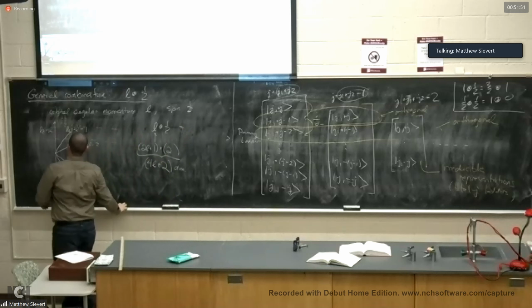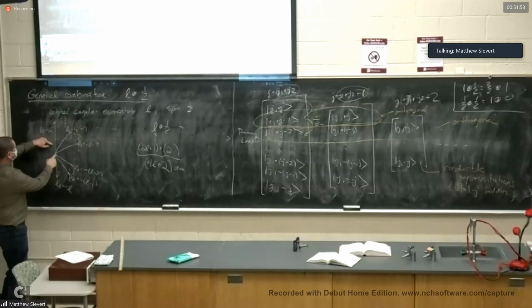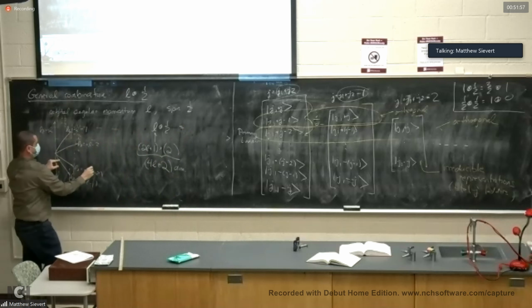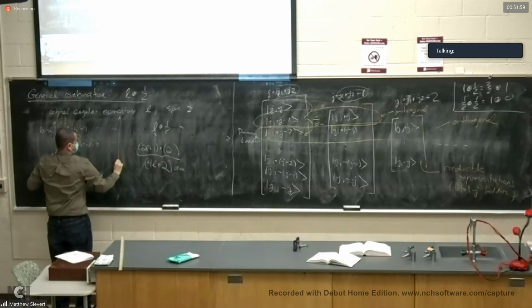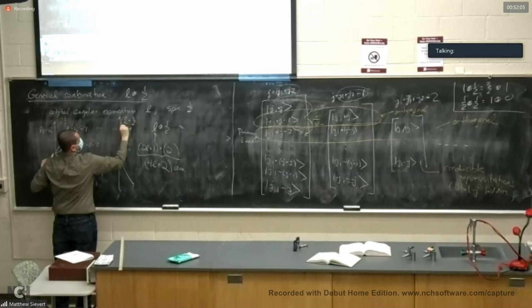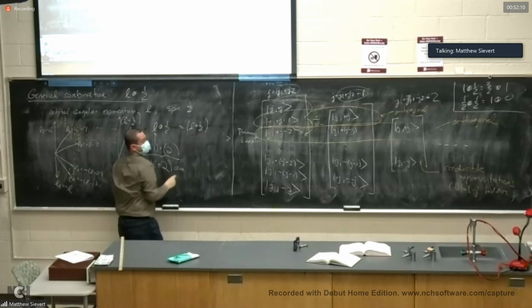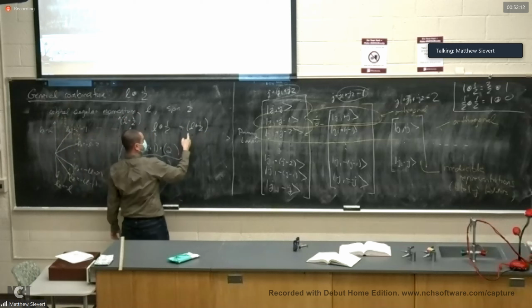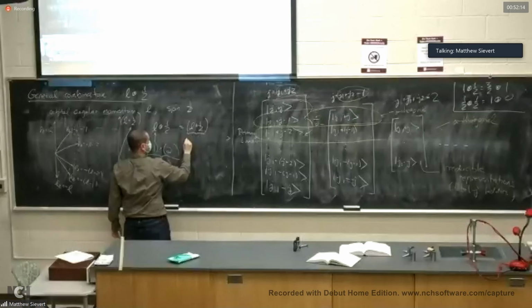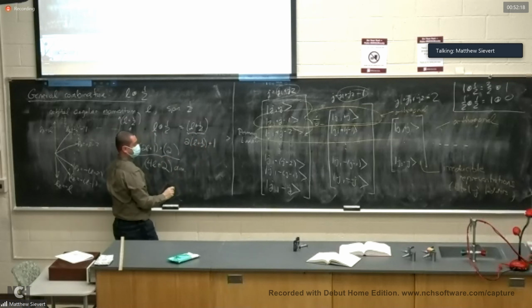When I split this up, I'm going to get 2 ladders. The maximum ladder, the primary ladder, is going to have L plus 1/2. So I'm going to split this off into L plus 1/2 as the maximum primary ladder. The number of states in this ladder is 2 times L plus 1/2 plus 1.